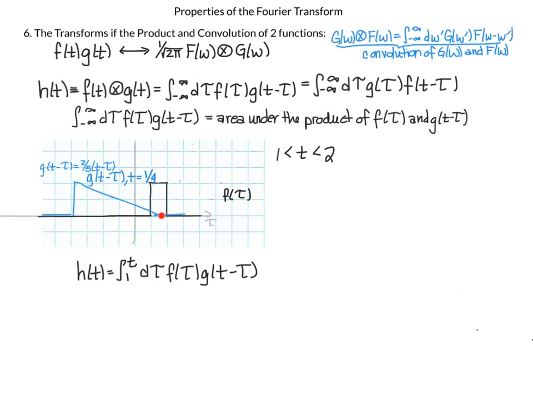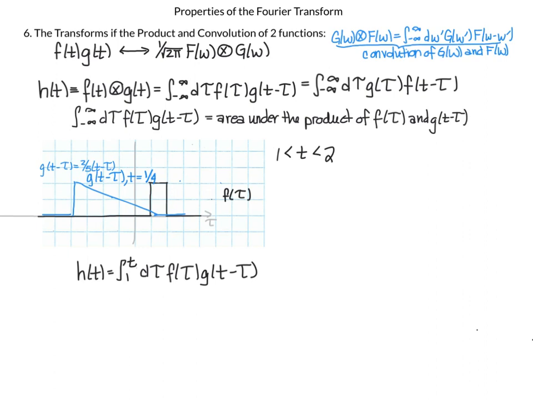And over here, there's no overlap where it's non-zero. In other words, here, g of t is equal to 0, so the product is equal to 0. So we're not going to integrate over the whole range from 1 to 2, but just up to t. That's why we had to separate t from 1 to 2 to give a different formula than t equals 2 to 6.